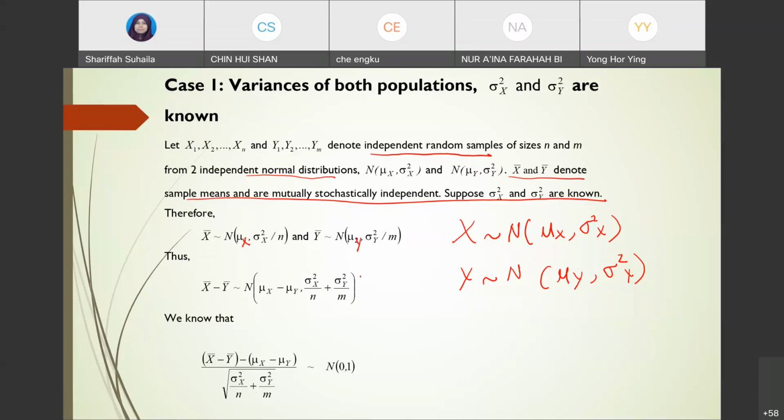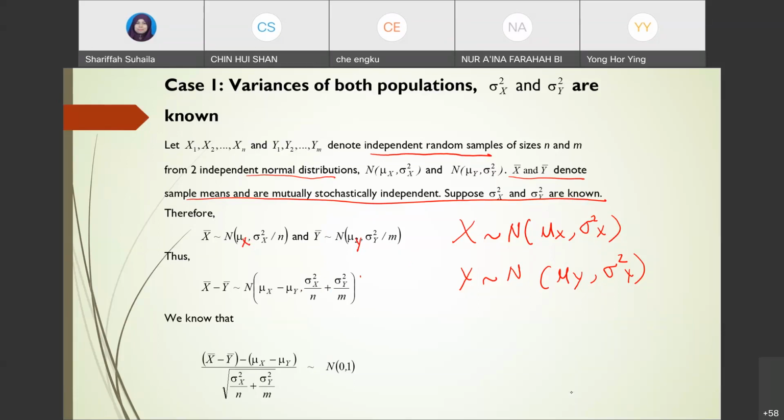Y bar has mean mu y and variance sigma square y over m, your sample size. Then we take the difference, X bar minus Y bar, with mean mu x minus mu y, and the variances we add.